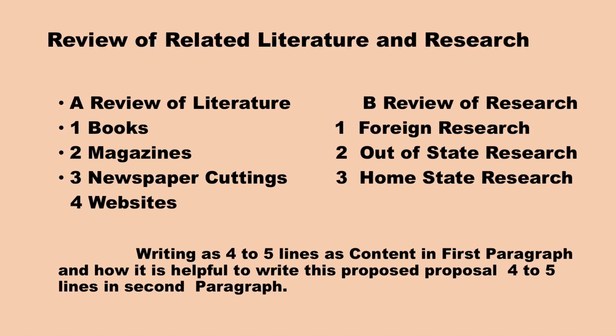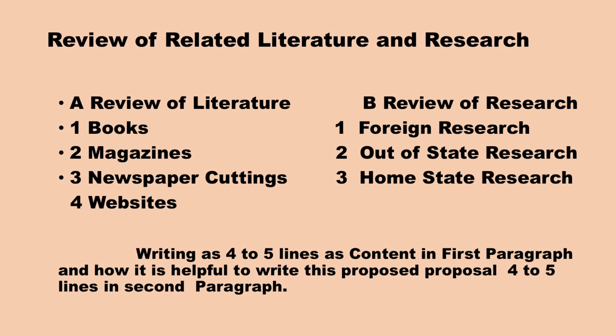Then you have to go to the next point, that is review. Friends, there are two parts of review. First, which is related to literature, and another which is related to research thesis. In literature, there are books, magazines, newspaper cuttings and websites.